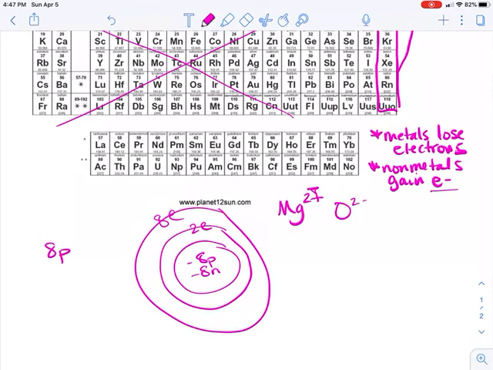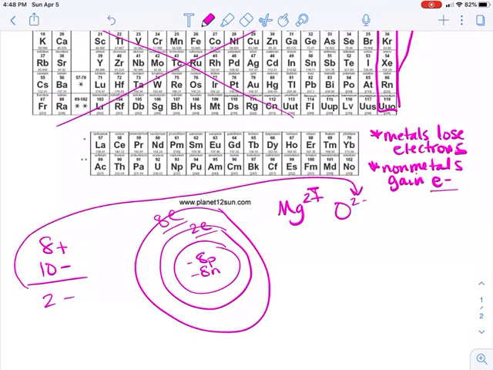So we have 8 protons, or really I should write that as 8 positives. And now if you count how many total electrons, you have 10 negatives, your overall charge is 2 negative. I know it's kind of a weird way to write it, instead of writing minus 2, you write 2 negative. That's the way that you write it whenever you're doing the ion.